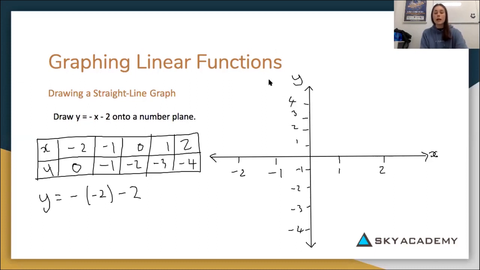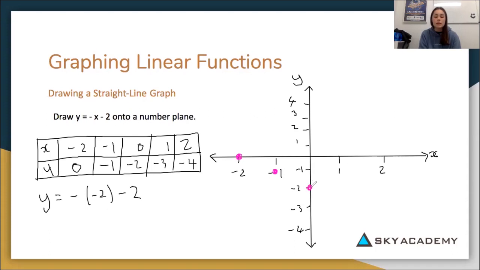We can put the points from the table of values onto our number plane. So if we have -2 along the horizontal and then 0 on the y, we'll just be flat on the y at 0 here. Then we have -1 and then -1, so we're going down. Then we have 0 on the x, which is just here at the origin, and -2, so it's down there.